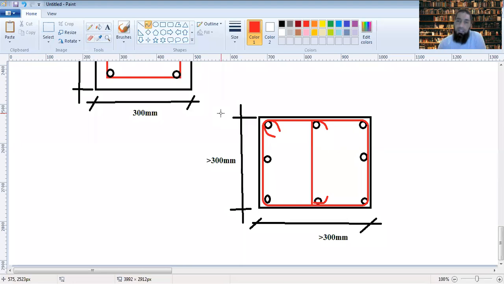So this is the other way of doing it. Similarly, in this direction, you would have a lateral tie in this fashion.